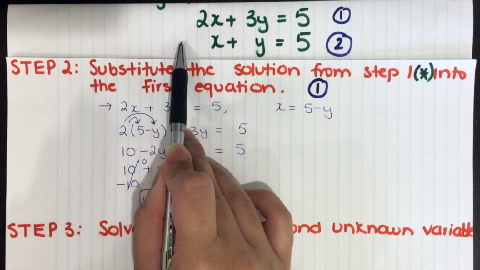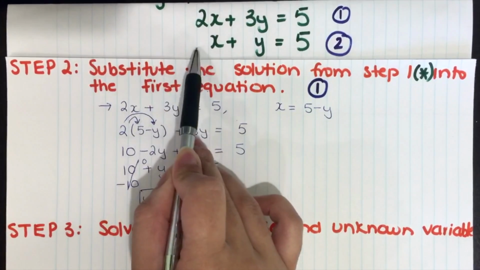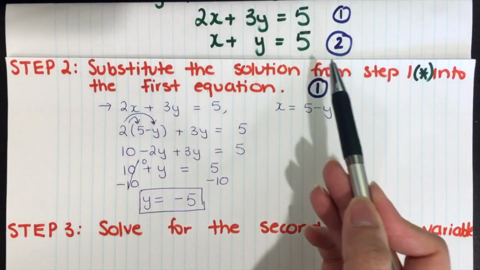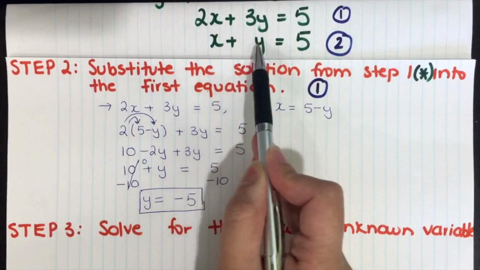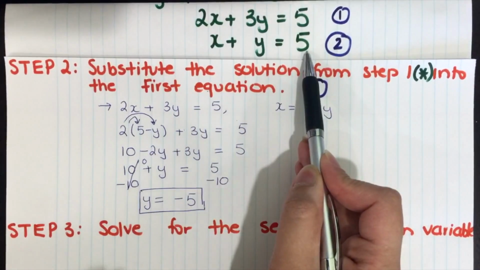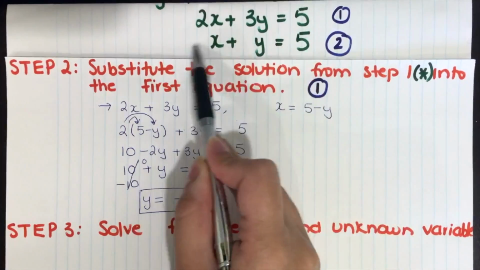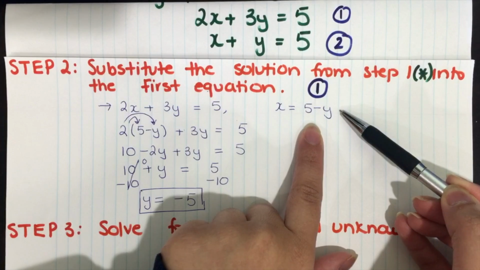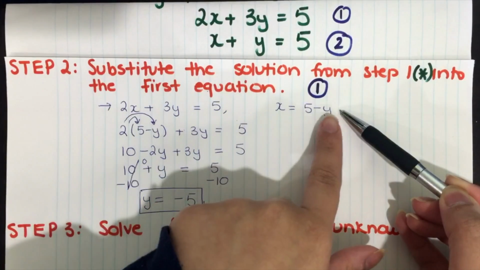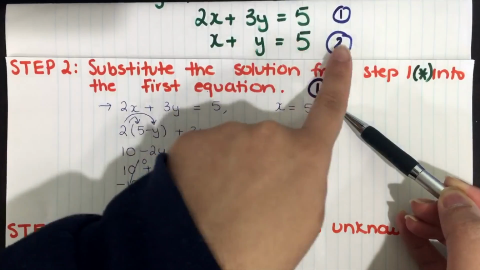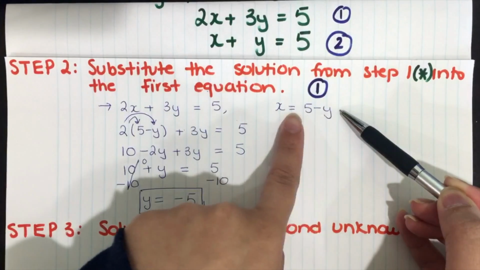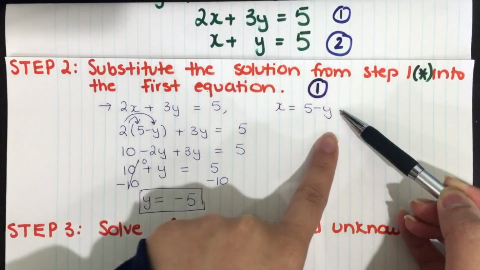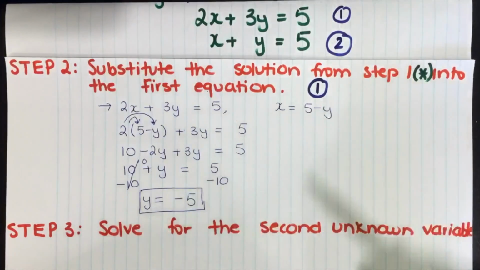I would always go with the one that's simple, the second one, like I said before. You can just put in x plus negative 5 equals 5 and solve for x. But this one is already rearranged with x equals 5 minus y, so I would always go with this one, less work.